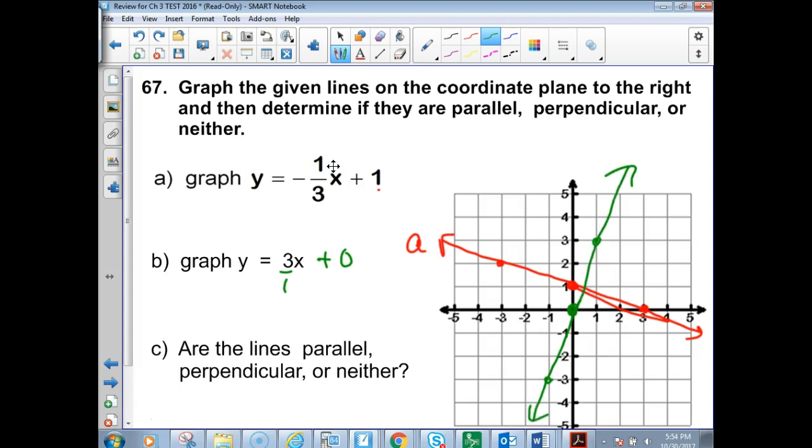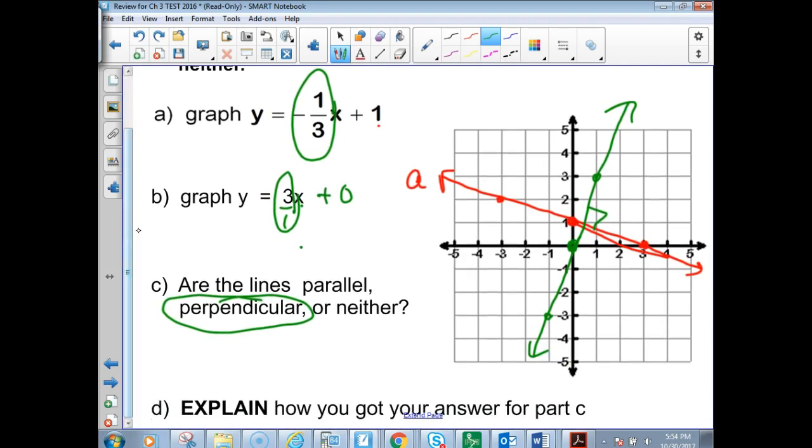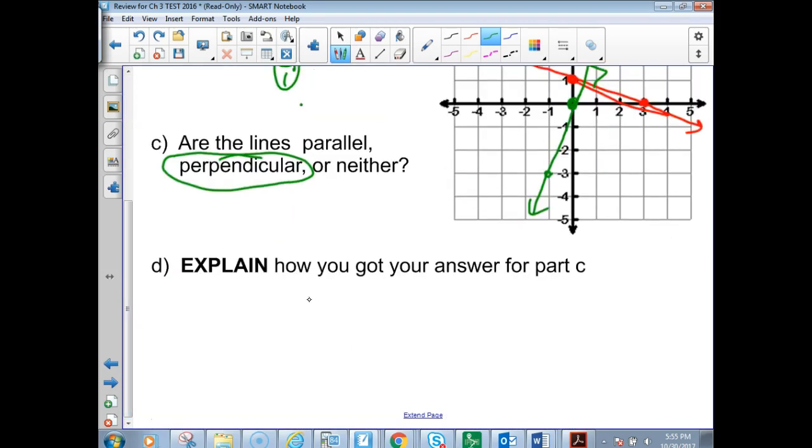Now, notice that these slopes, negative 1/3 and positive 3 over 1, the lines are perpendicular. They're running into each other at a right angle. And that's because the slopes are negative reciprocals.